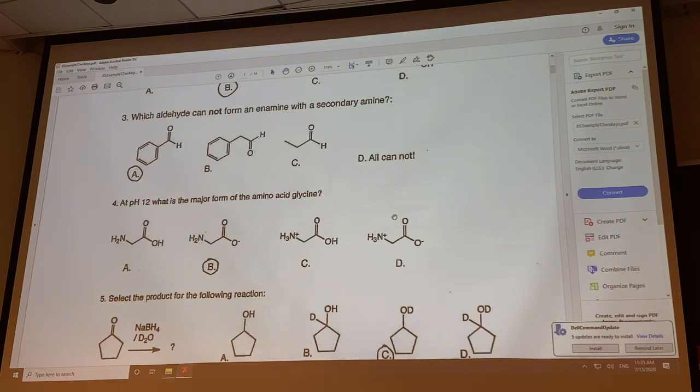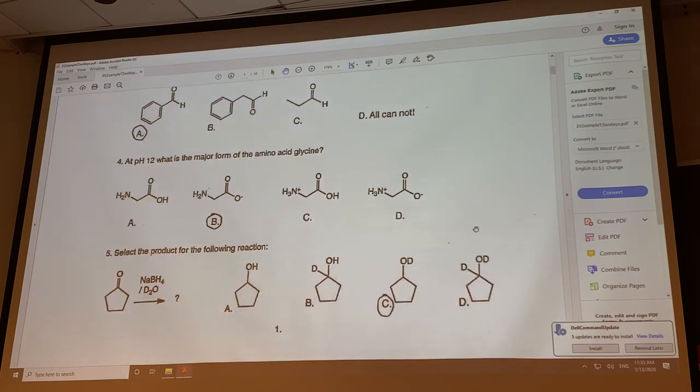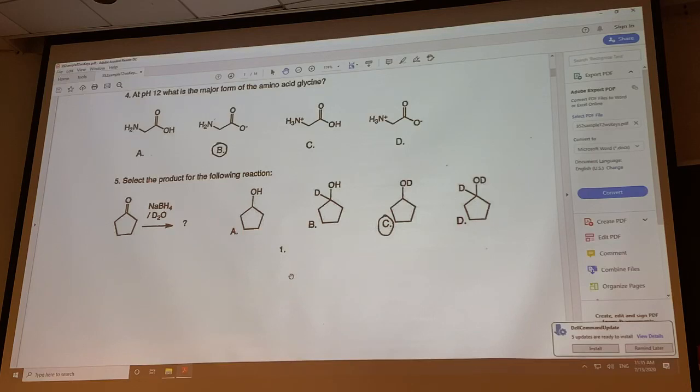Acid-base chemistry, yeah, we had some of that on the quiz there. Sodium borohydride reducing an aldehyde or a ketone. This is a ketone. And we've got regular hydrogen sodium borohydride. So that's what adds here at this position. Then we quench with D2O. What's D2O? That's deuterated water, heavy water. And if we put in pure D2O, where's that deuterium going to end up?